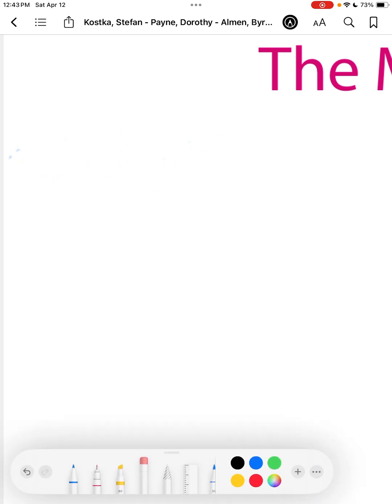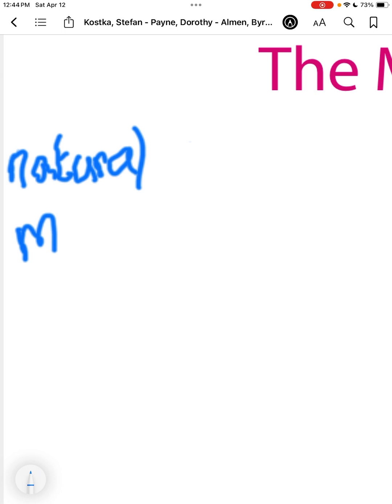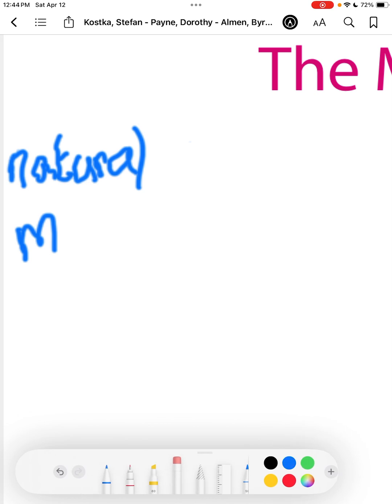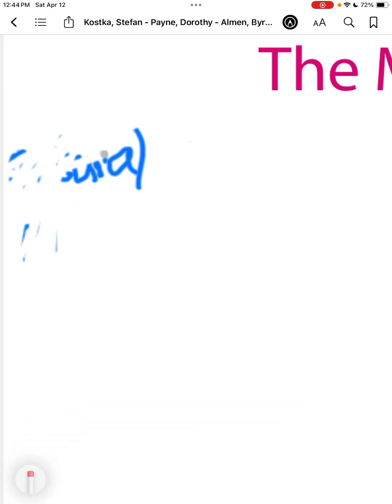So it's going to be natural minor, natural, melodic, harmonic. My words are really not there. Okay, I'm going to start very slow again and try again.